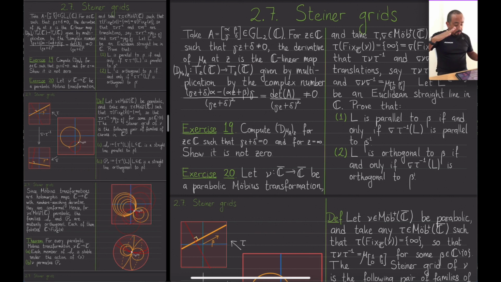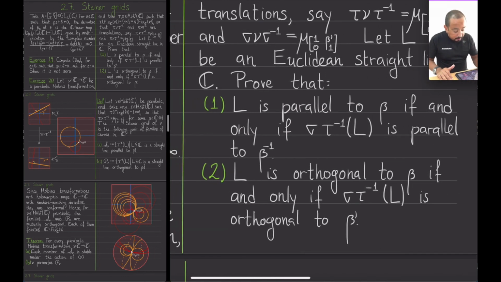The exercise asks that when you consider this composition, it takes the direction beta to the direction beta prime. Let me just correct this, because here it should be beta prime.